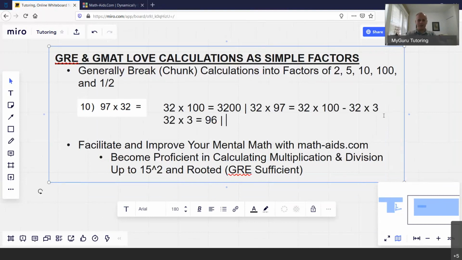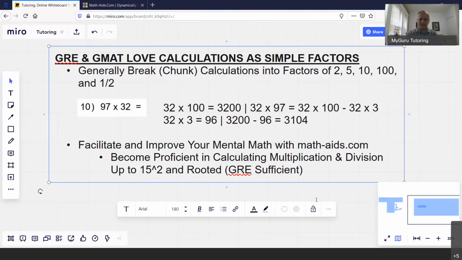So therefore, we know that 3,200 minus 96 is going to be equal to 32 times 97. So 3,200 minus 96 is going to be 3,104. We were able to do what looks like a very difficult manual calculation pretty quickly.